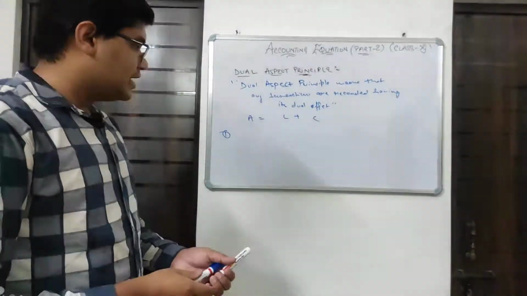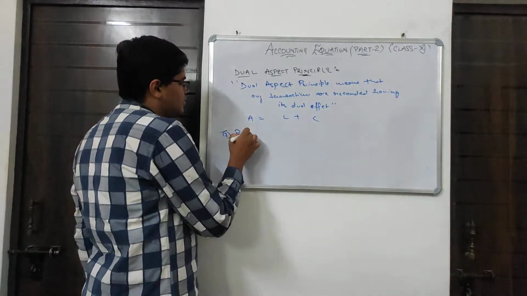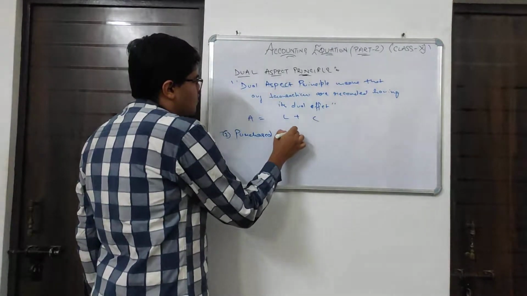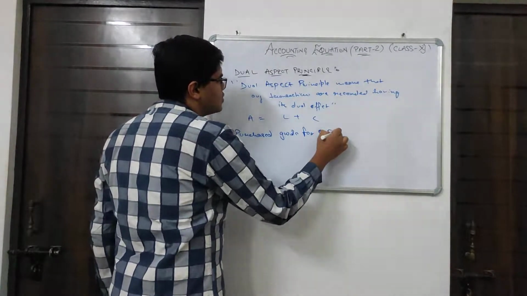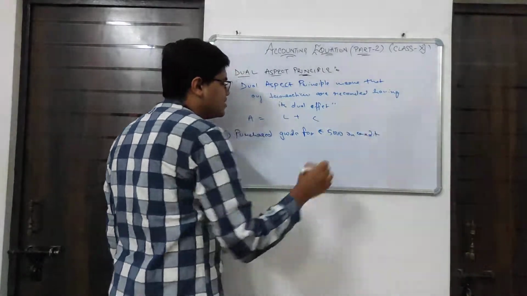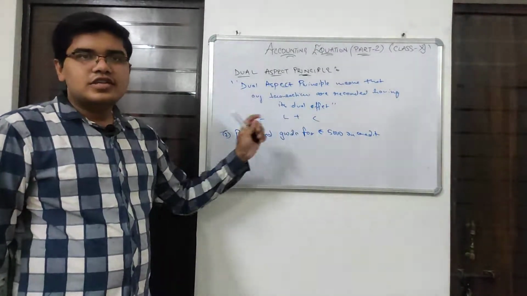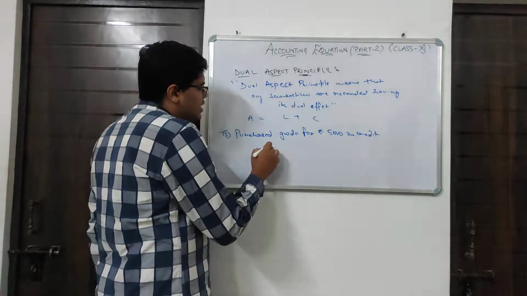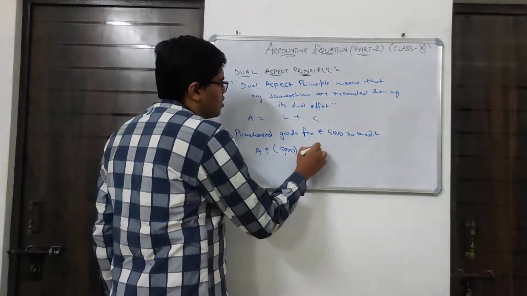Now the next example: purchased goods for rupees 5,000 on credit. As you can see, the goods we are purchasing are also an asset. So on one side our asset increases by 5,000 through stock.